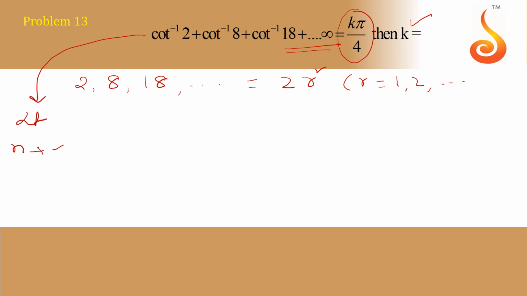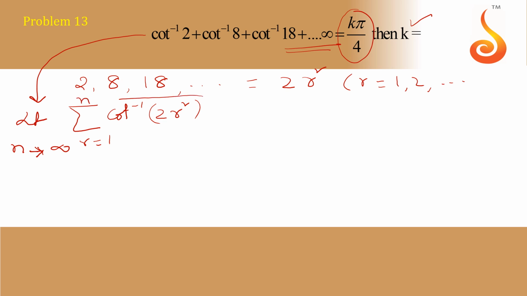limit n tends to infinity, cot inverse 2r square, summation r equal to 1 to n.